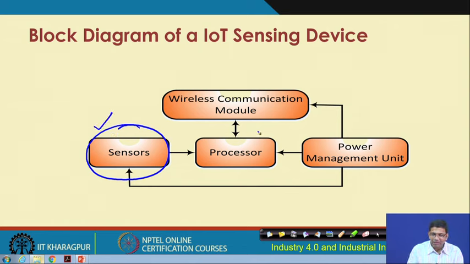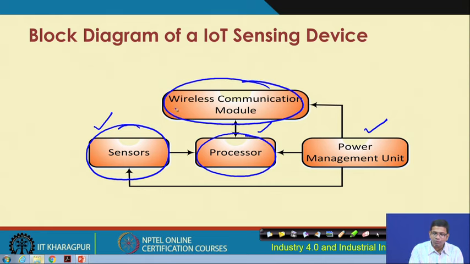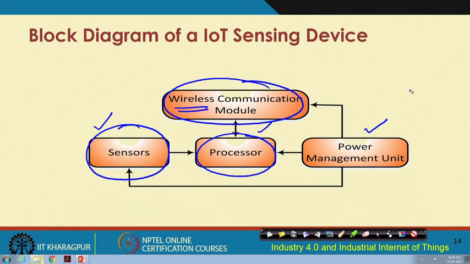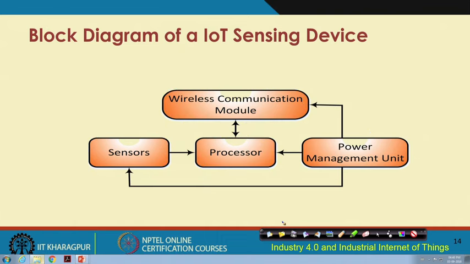Then we have the other components: the processor, and the power management unit like battery or whatever. Processor is the one who will do a little bit of processing, and then for communication typically it is the wireless communication module, but it is not necessary that it has to be wireless, though typically it is wireless in IoT, but it can be wired as well, or it can be a mix of both wired and wireless communication. So, this is the typical structure or the block diagram of an IoT sensing device.